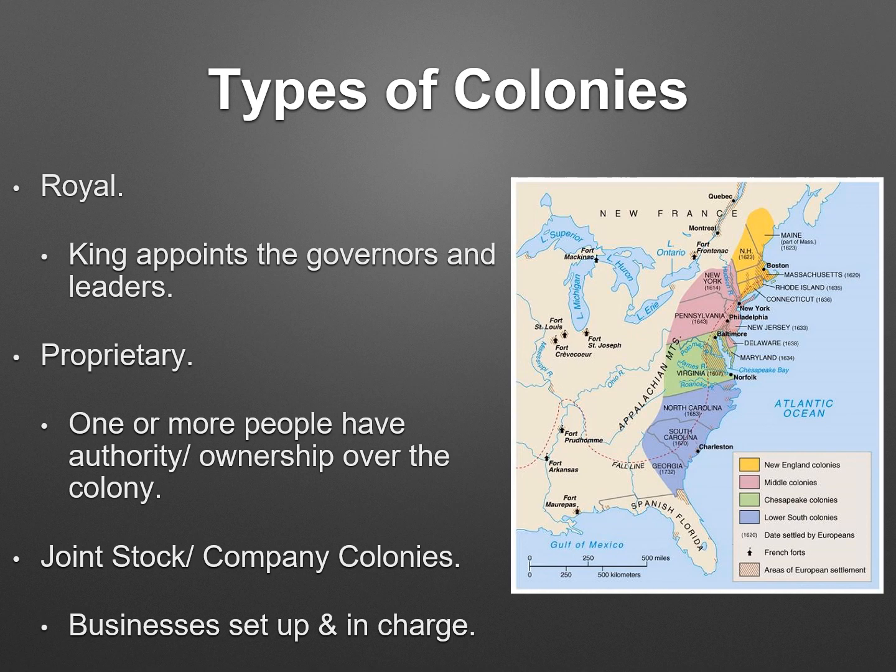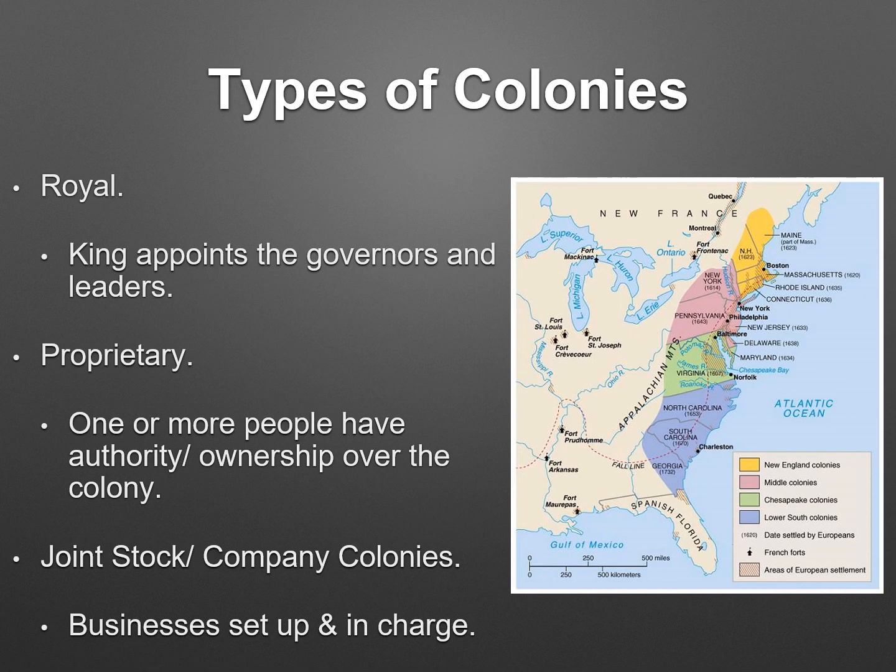They get to choose how much land to divide up, how to sell it, and they don't necessarily have to do what the king says. They understand that the king and Parliament even might have said, okay, this is your land, this is your area, but they also have a little more autonomy than the royal colonies.